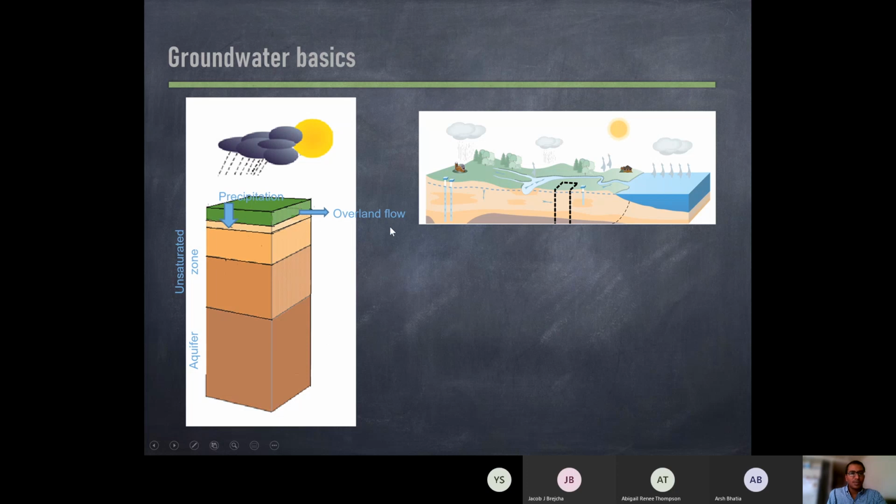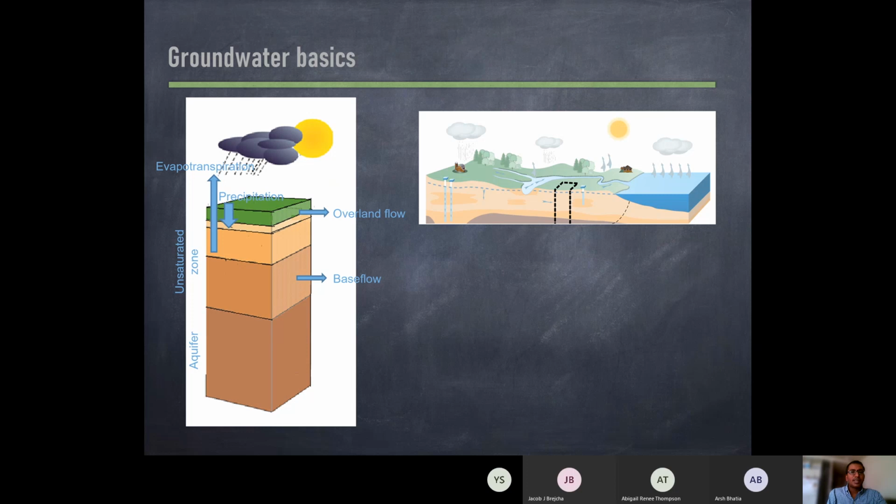There can be overland flow, like I have shown you in the earlier illustration. Then there can be evaporation as well as transpiration. So the water will evaporate from the land surface and transpire by the trees. Those terms together are known as evapotranspiration.